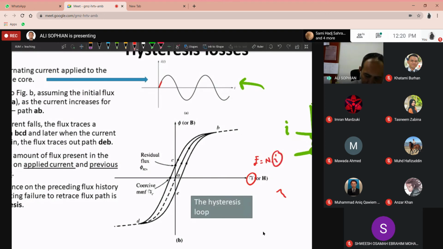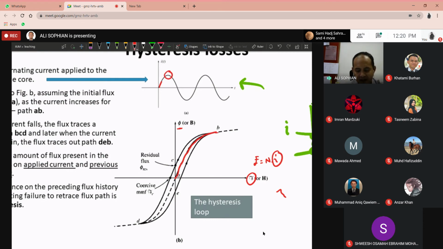We start from I equal to 0, so we start from this 0 coordinate. As the F is increasing, the flux on the y-axis is also increasing. This is the induced flux. So we will follow this path here until the current reaches the peak here.